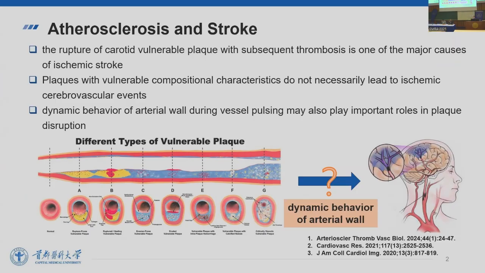However, plaques with vulnerable compositional characteristics do not necessarily lead to ischemic cerebrovascular events, as the dynamic behavior of the arterial wall during vessel pulsing may also play important roles in plaque disruption, suggesting the necessity of comprehensive assessment of plaque compositions, arterial morphology, and its dynamic behavior.